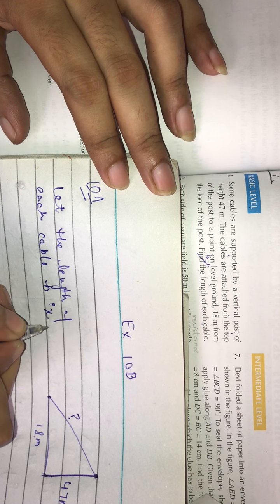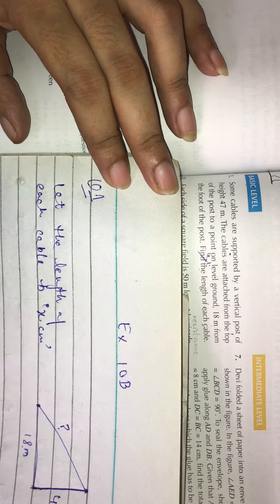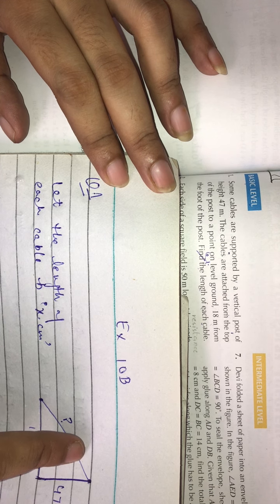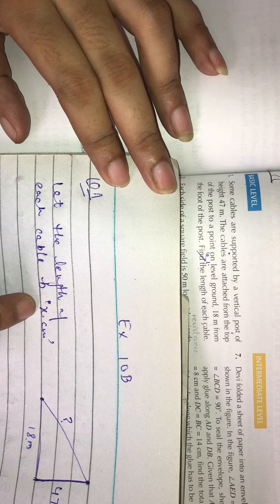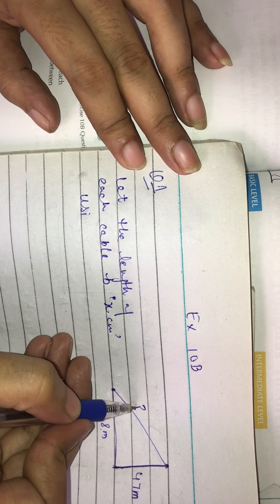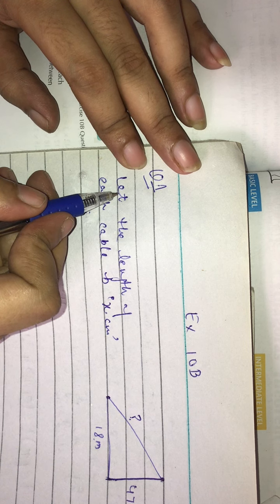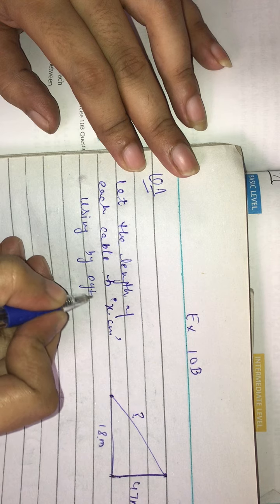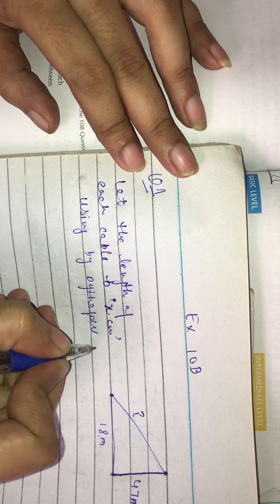I take x meters. You can also take a, b, c, a to z. You take any variable to define the length of the cable. I take x. There is no given value, that's why we take let. Using Pythagoras theorem.